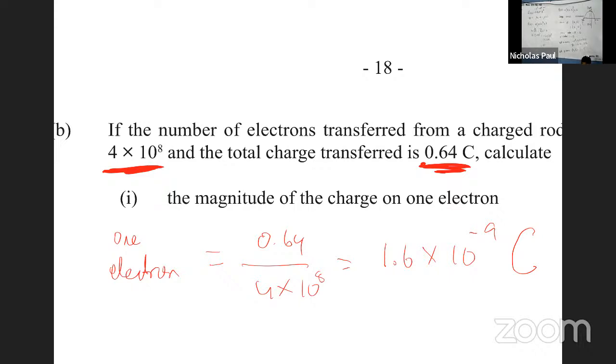Isaiah, you okay with that? So the charge of 1 electron is 1.6 by 10 to the minus 9.